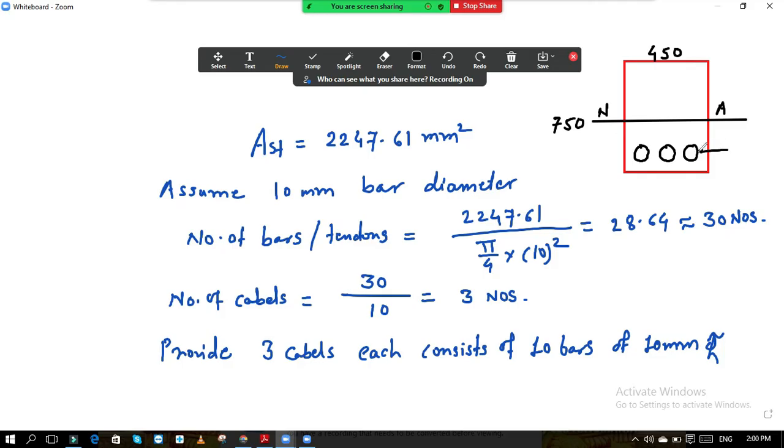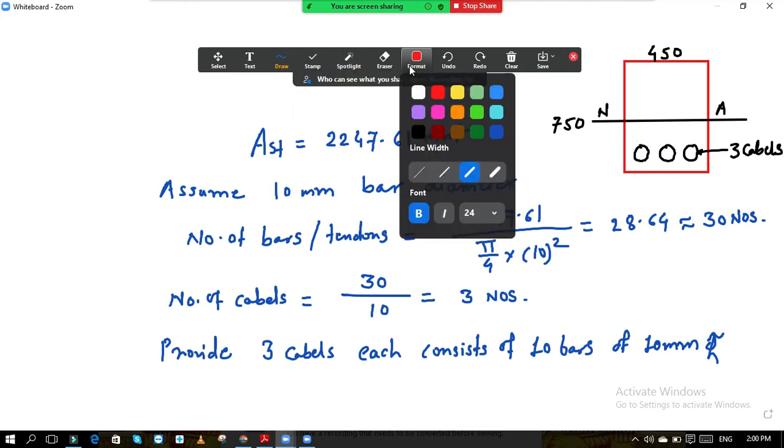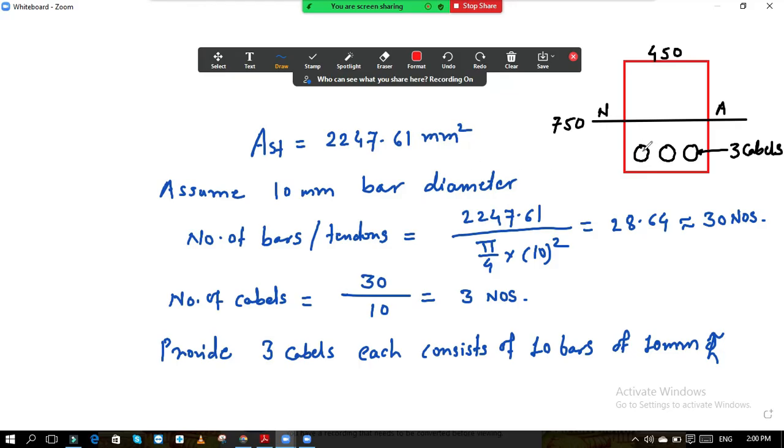Here you can see these are the 3 cables, and in each cable the bars will be placed like this. In this way it is provided.